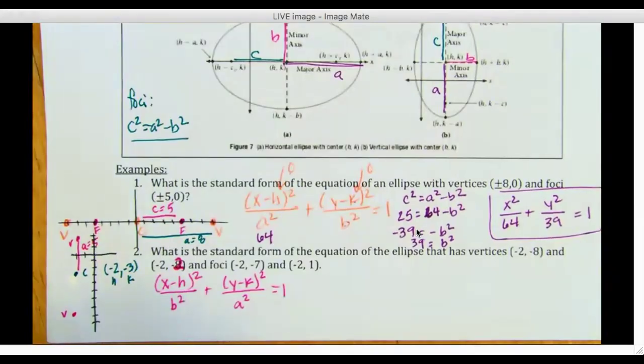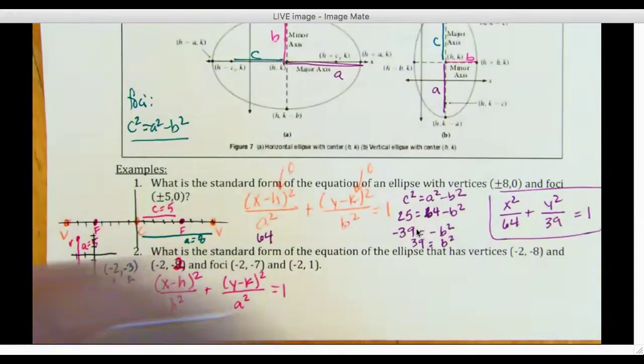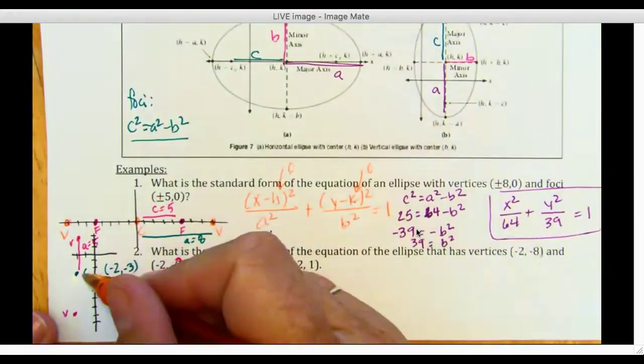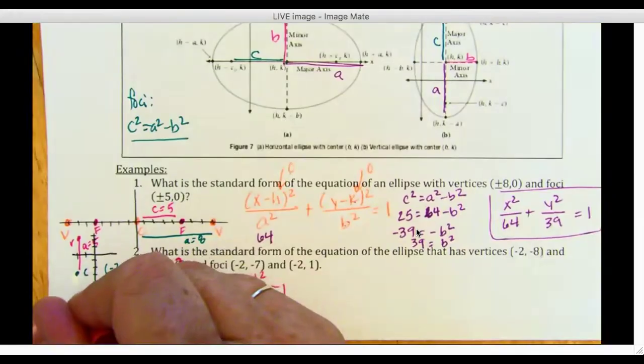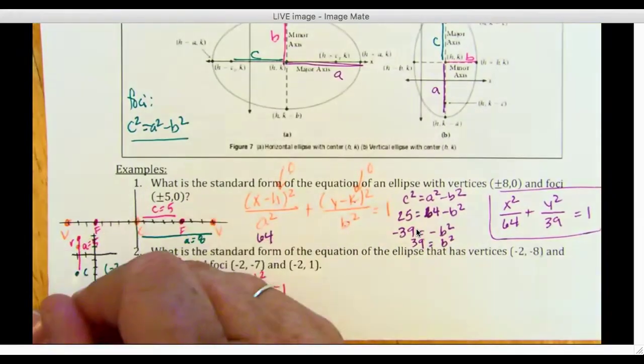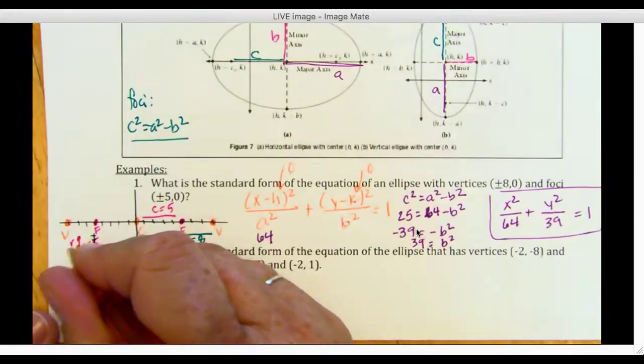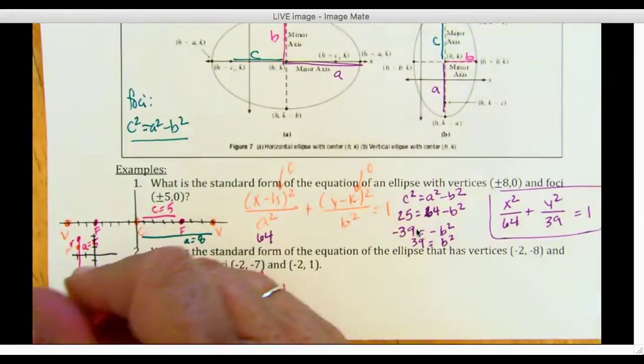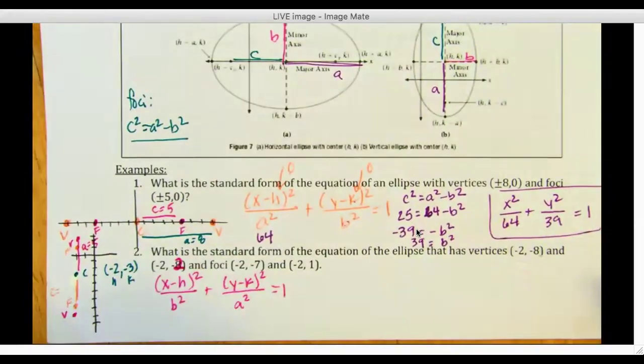And so the only thing left to find is my b value. I was told that my foci were at negative 2, negative 7, and negative 2, 1. And those are my foci. And so that c value distance is going to be 4.